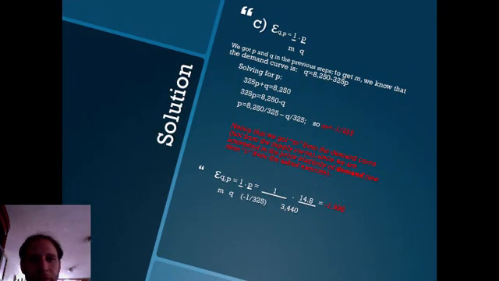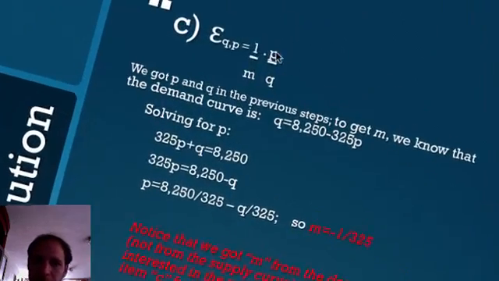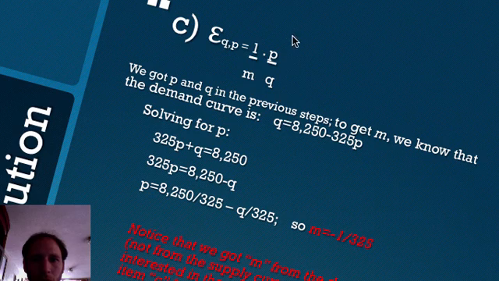Then the third item, item C, you just compute the elasticity by substituting all the values of these three variables.